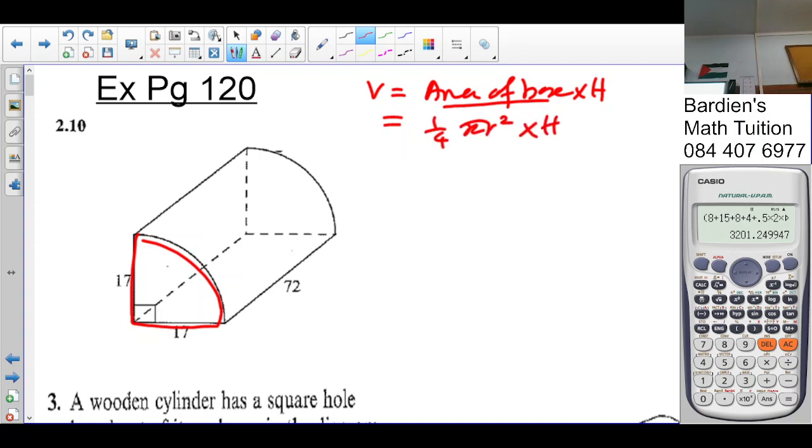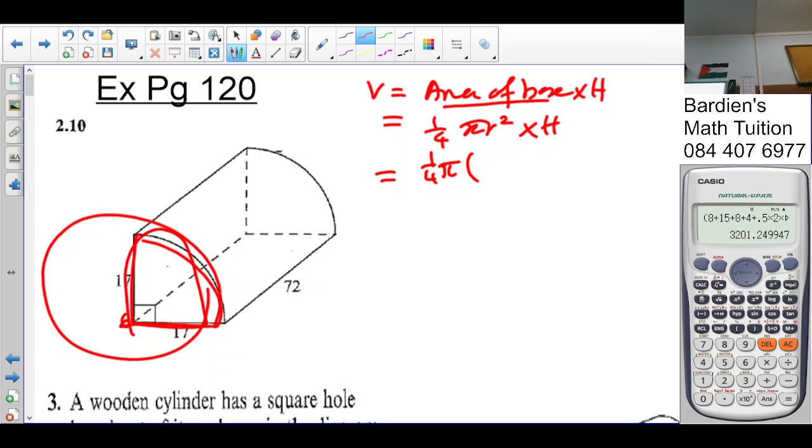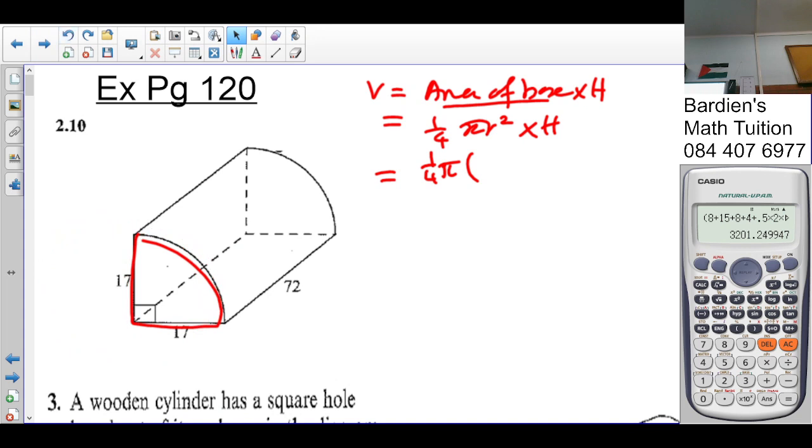Times height. So it's a quarter pi. What's my radius? You see here? In the circle, there's only a quarter of it. Can you see that? So what is the radius? 17. Okay? So it's 17 squared times height of 17.